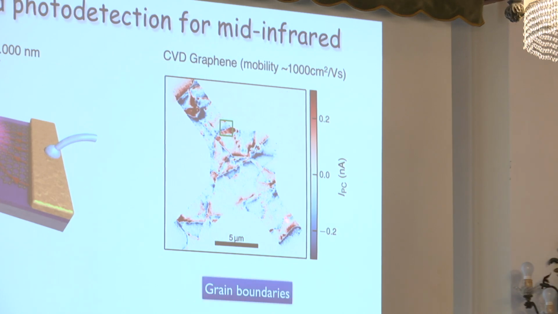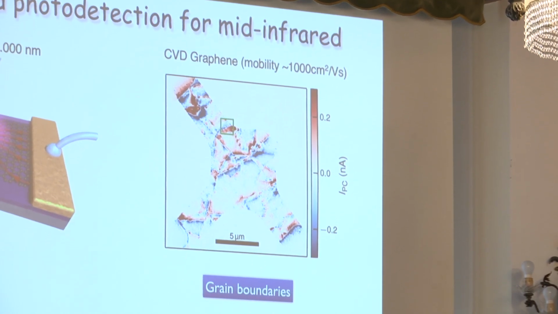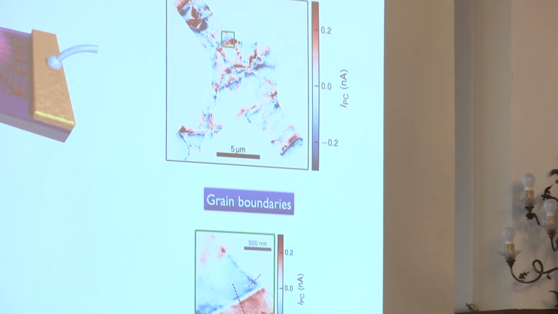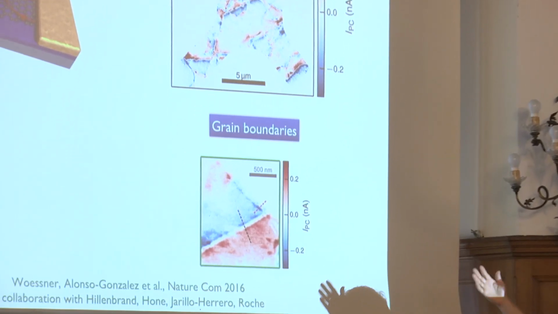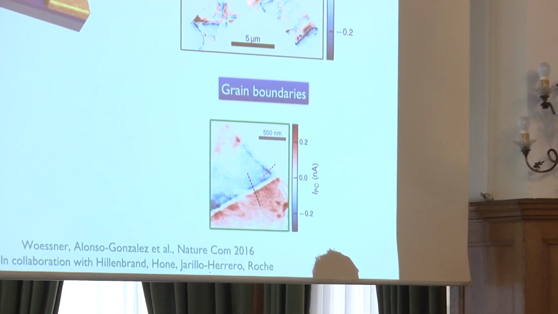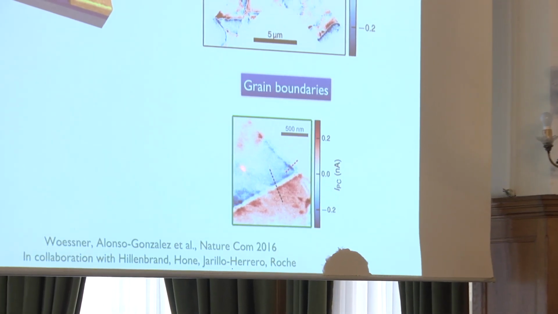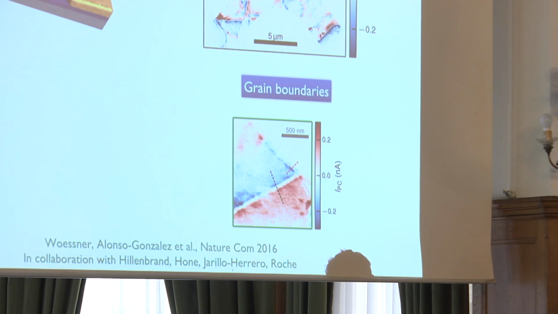And if you zoom in, you can see here now all these sign changes, right? And I mentioned already, the Seebeck coefficient changes sign at the Dirac point. So these are doping variations, positive and negative. And if you zoom in here, you can actually see grain boundaries in the system, where the system changes doping.